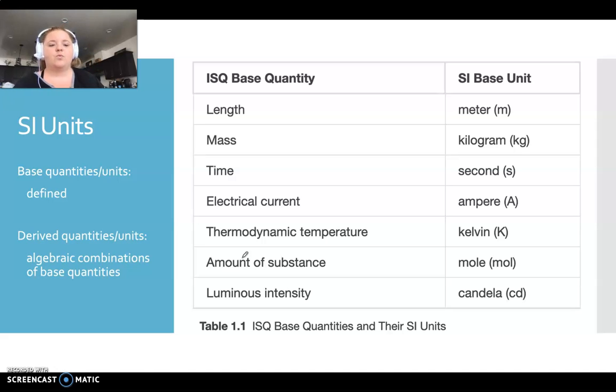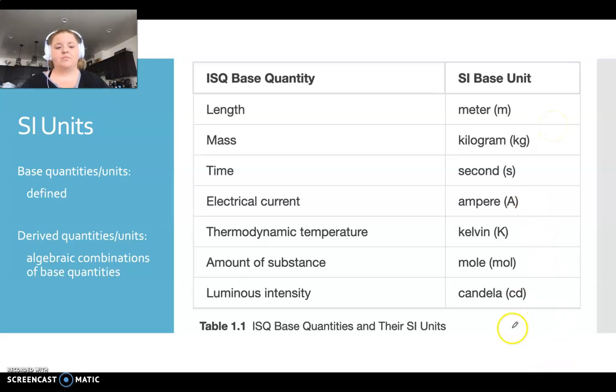So we have defined what a meter is. A meter is this amount of length. We have defined that the kilogram is the base unit, and we say it's this amount of mass, and so forth. Same with seconds.